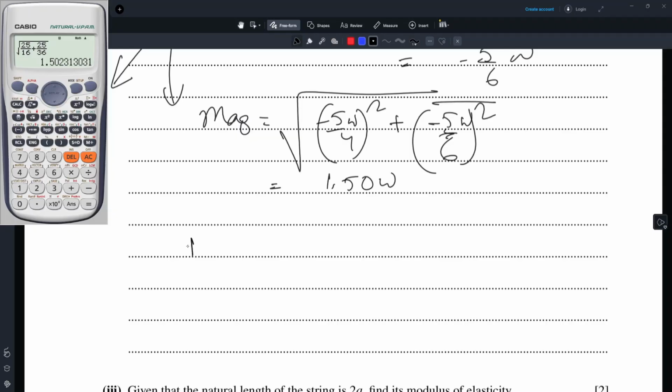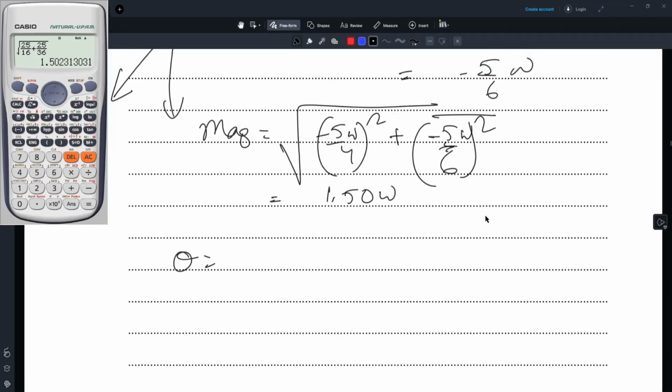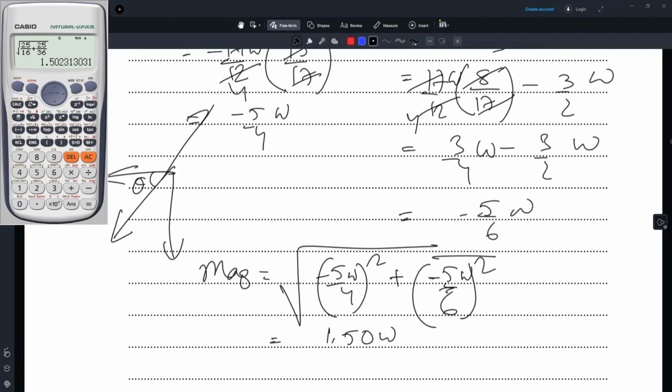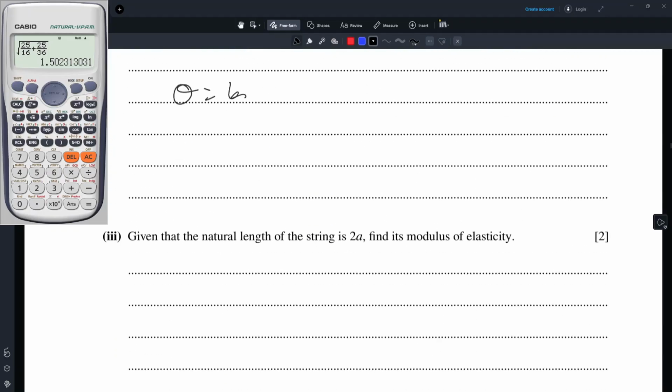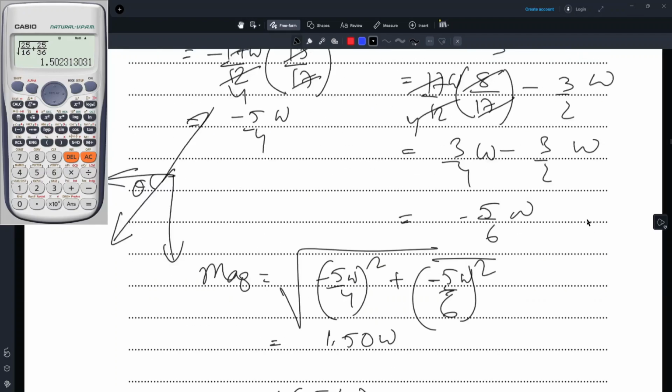And when it comes to the direction, for that, I need to find theta first of all. This theta equals tan inverse of 5 by 6 by 5 by 4.